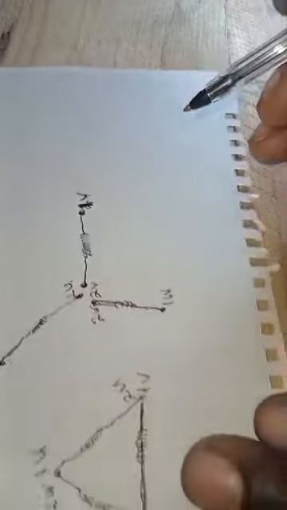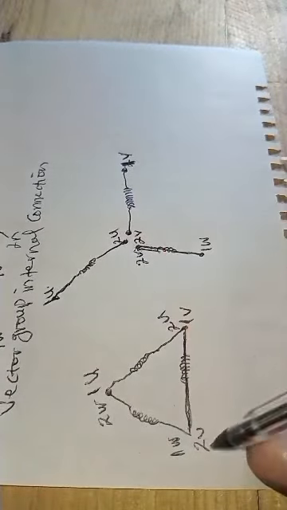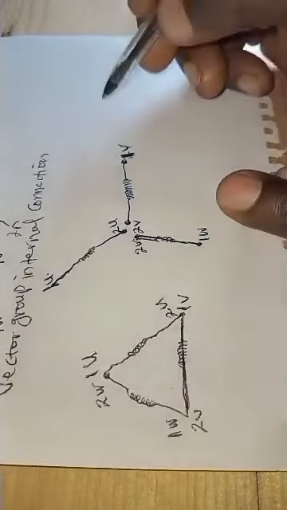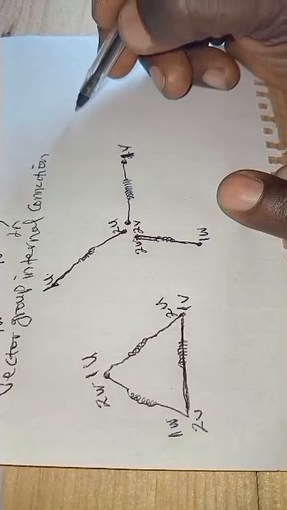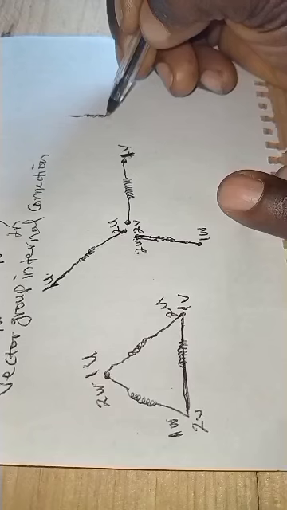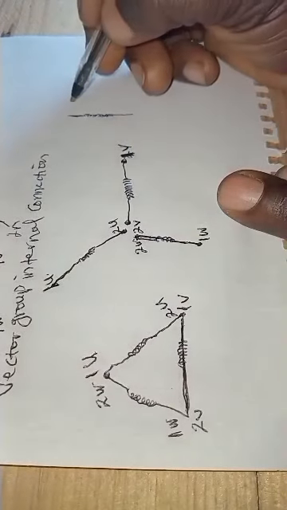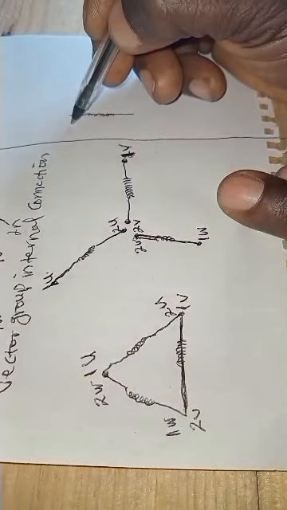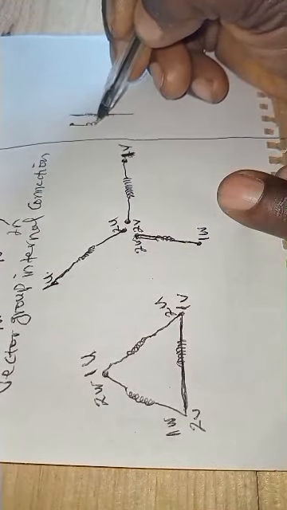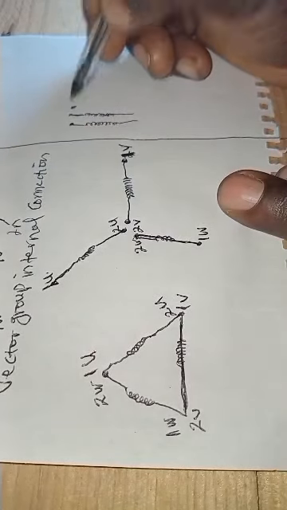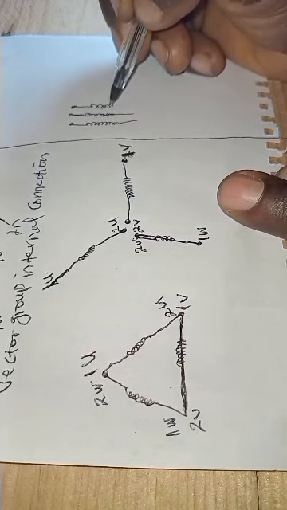Because I'll be making use of this to draw out that, in the transformer I have this first winding, let me divide here. This is another winding, and this is another winding.